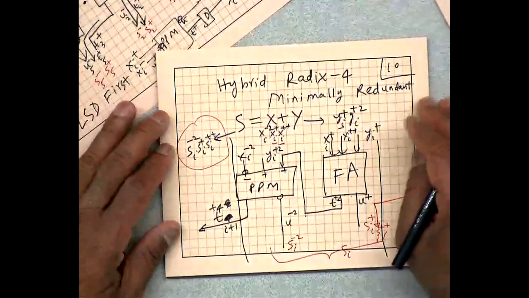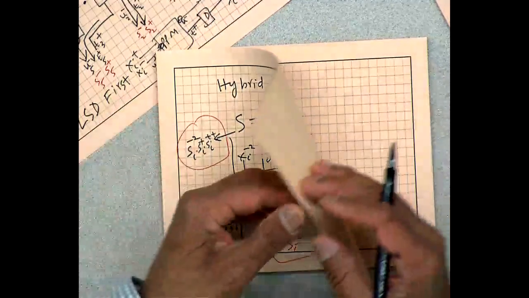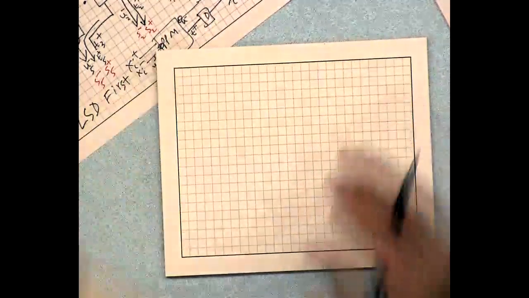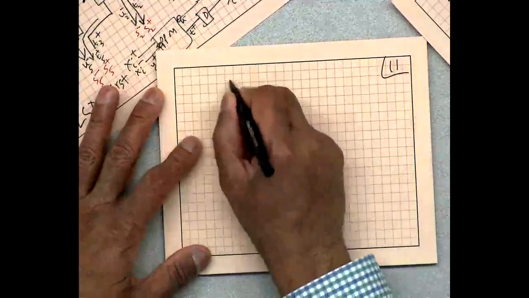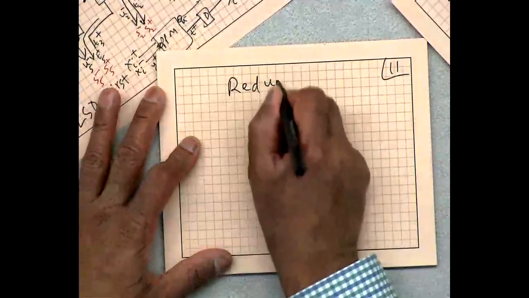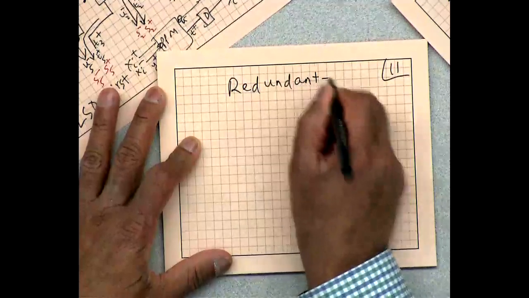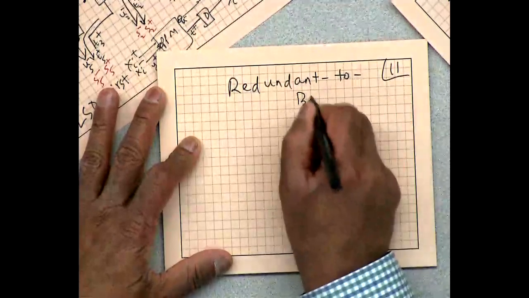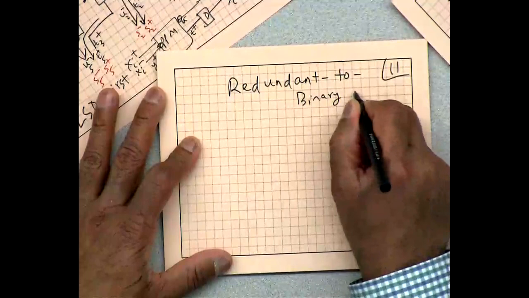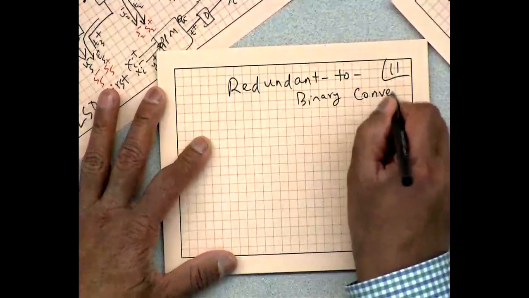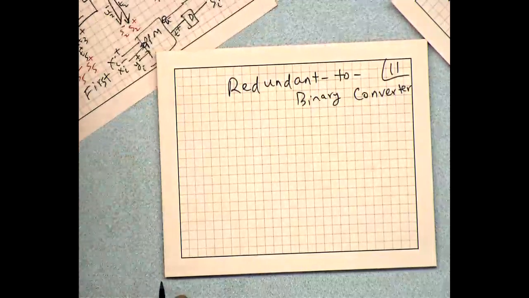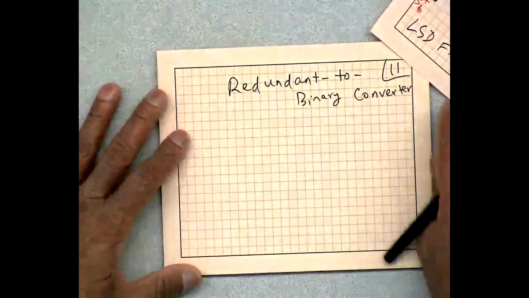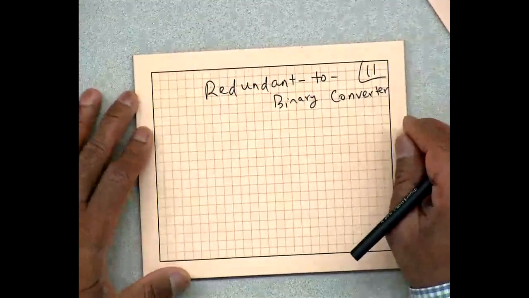And that's where I need to think about redundant to binary conversion. So that's an important part. How do we convert redundant numbers to binary numbers?